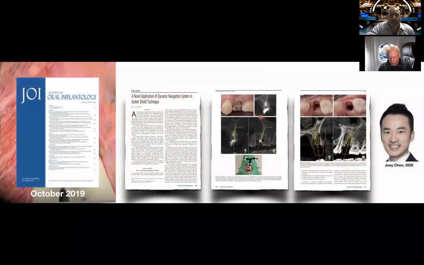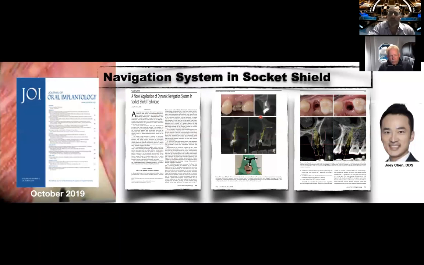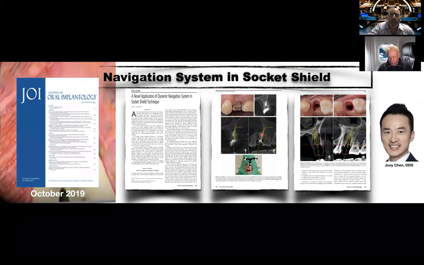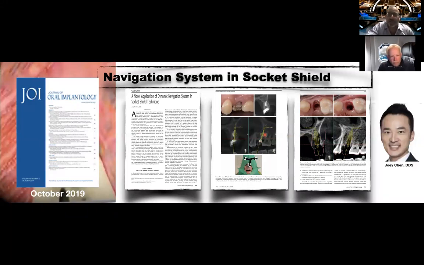I want to give a quick shout out to Joey Chen, who published in the Journal of Oral Implantology, Navigation System and Socket Shield in October of 2019. It's a great article, highly recommend reading it. In this article, he shows and discusses the implant planning, and if you notice here, he's planning a little miniature implant so he can find the apex. This article didn't come out when I was performing that other case yet.